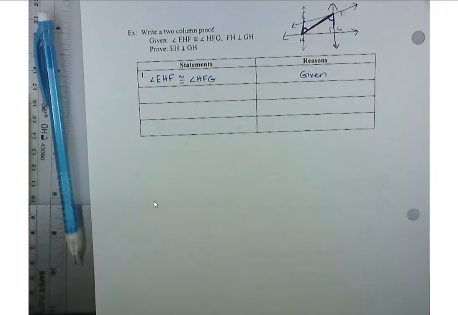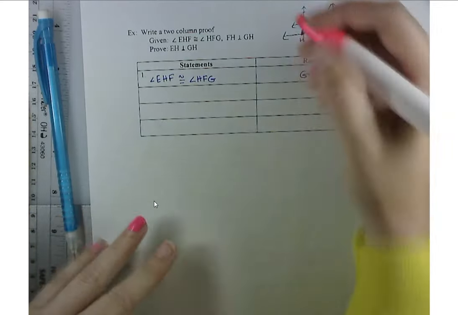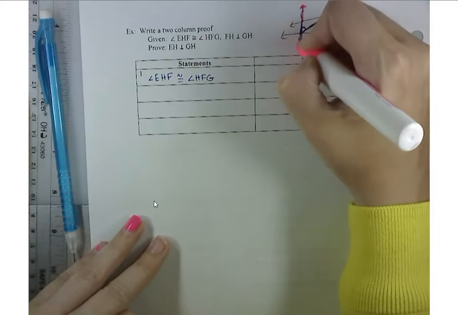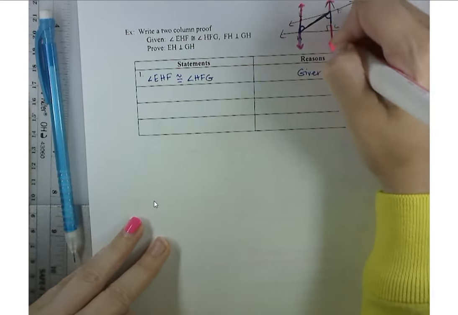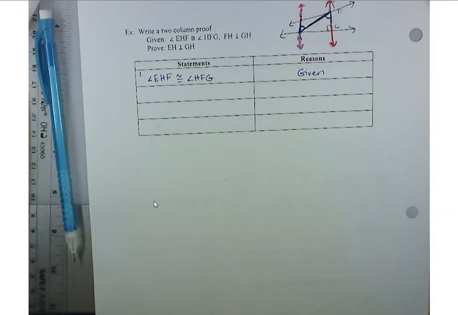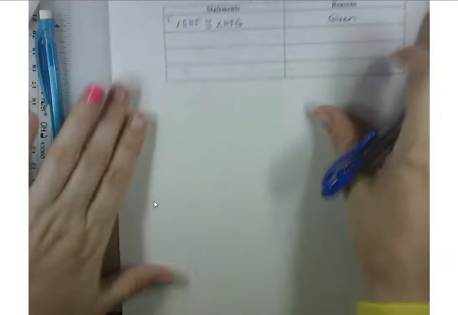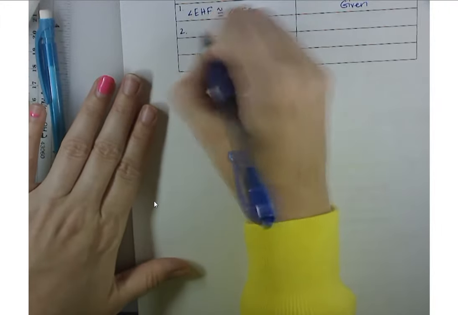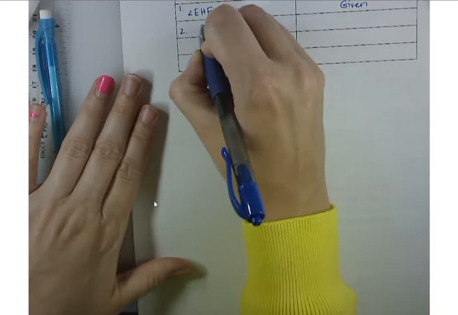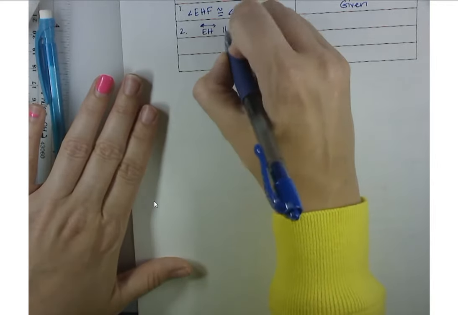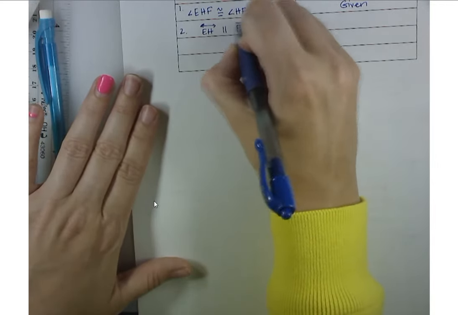So the alternate interior angles have to be on the two lines that are parallel. So the two lines that are going to be parallel are going to be EH and FG. And because they don't have another name, we do have to label them as EH. So the line EH would be parallel to the line FG.